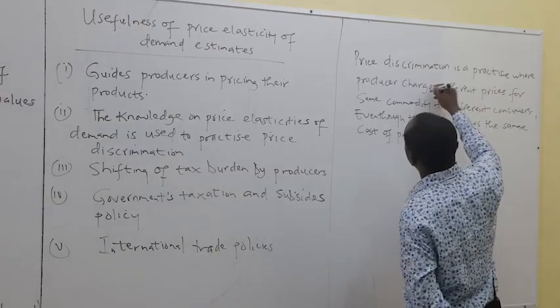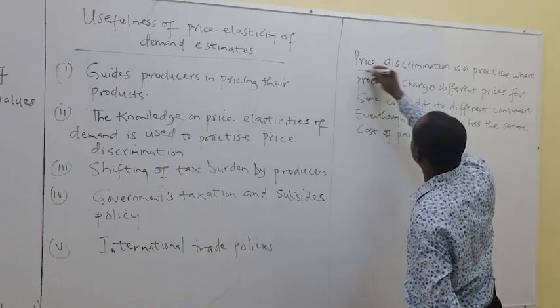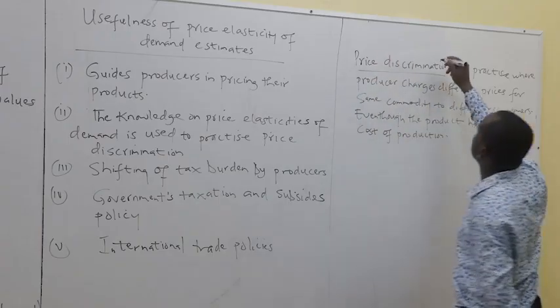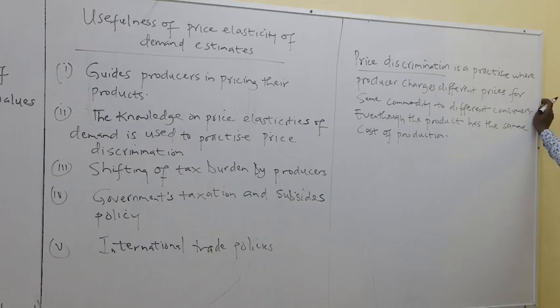Price discrimination is a practice where producer charges different prices for the same commodity to different consumers, even though the product has the same cost of production.